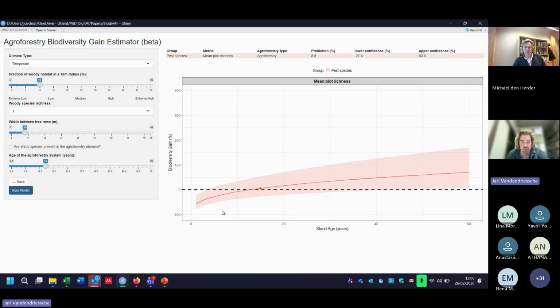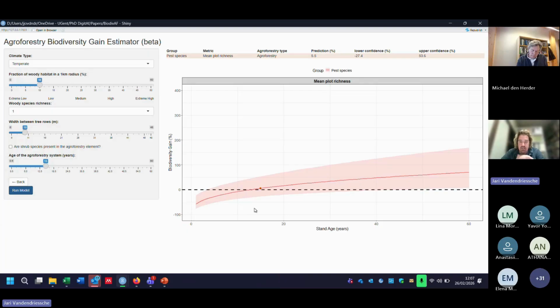We actually chose to let the graph start at age 1 to avoid that problem because the relation from just before the implementation of agroforestry to the first year is typically not linear and it's not easy to model. That's why we chose to only present the curves from age 1 on, and that's also why it doesn't start at the point of 0 by 0.